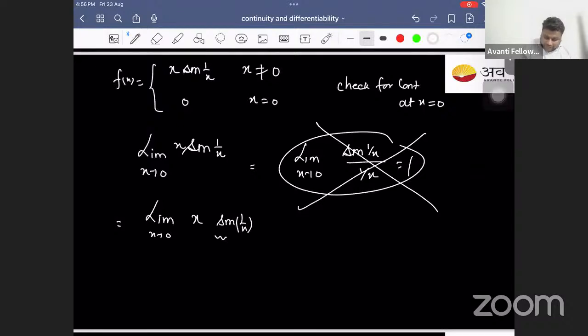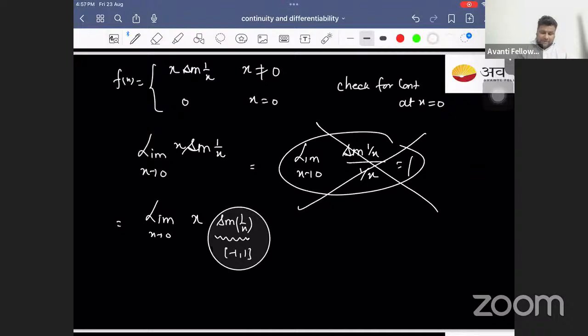Now see, this sine 1 by x is the sine of a very large angle. As x approaches 0, 1 by x will approach infinity. So this is the sine of a very large angle, which will ultimately lie in minus 1 to 1. What it is, we have no idea. But the only idea we have is that sine 1 by x will lie in minus 1 to 1.